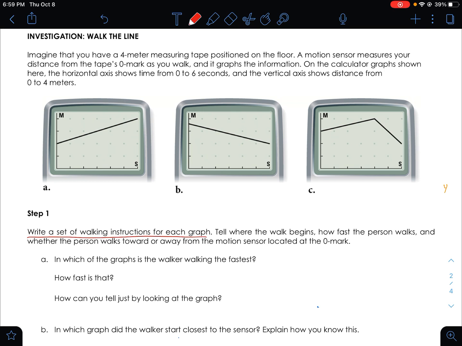If we are looking at graph A, the first thing that we want to do when we're writing a set of walking instructions is figure out where our walk started. So for letter A, this graph, we started at 2 meters. So start 2 meters away from the motion sensor.